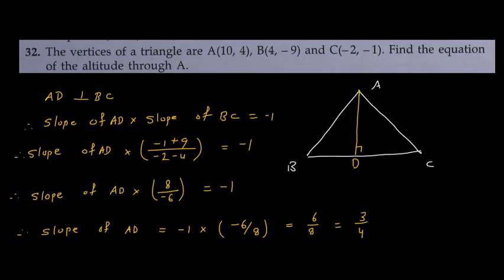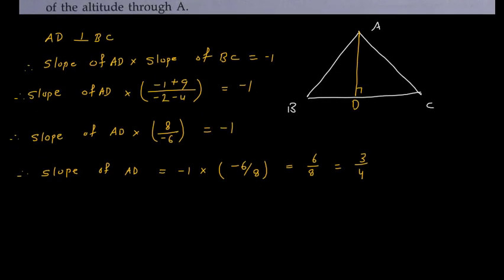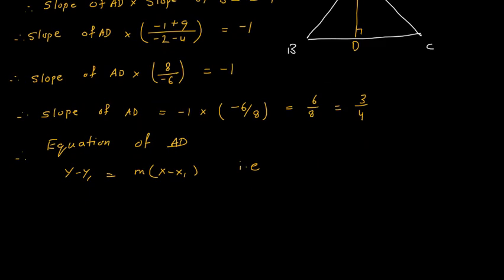So you got the value of slope of AD, and it is passing through point A. Therefore equation of AD is of the form y - y1 = m(x - x1).